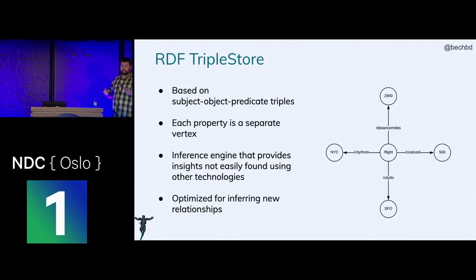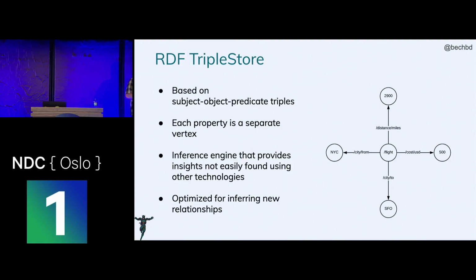The second one is really the first of the database types I think of, and that's the RDF triple store. The RDF triple store is based on the semantic web, which is where it originally comes from. RDF stands for Resource Description Framework, and it is a W3C standard about how to describe data for interconnection. It's based on the subject-object-predicate model.